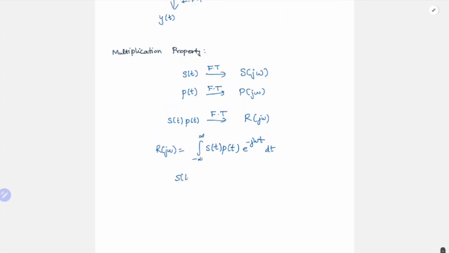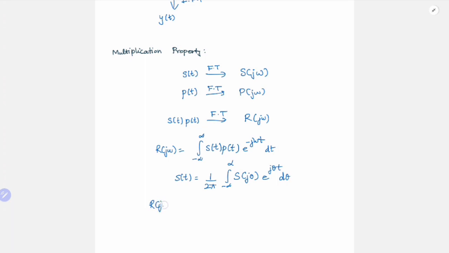So now s of t, I can write in terms of the inverse Fourier transform relation. So let's take S of j theta. Since omega is already there, I am writing in terms of another variable theta. So e power j theta t d theta.